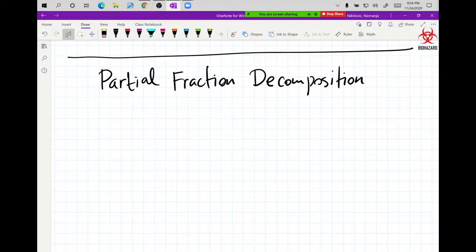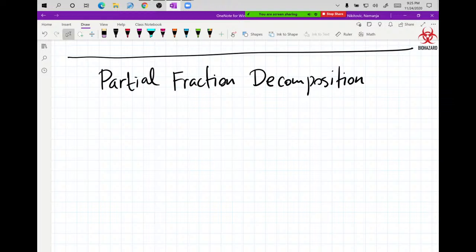So partial fraction decomposition is designed to take a single rational function and break it over a couple of rational functions. Therefore, decomposition, right?